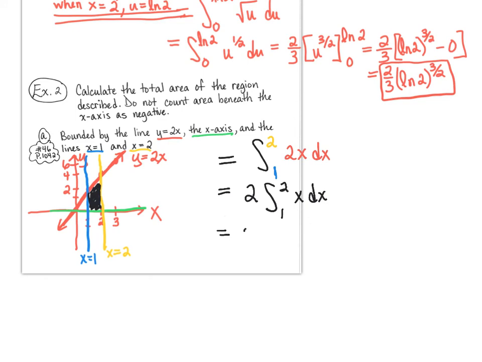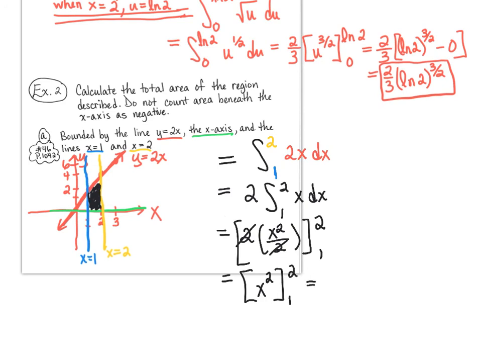We get 2 times x squared over 2, evaluated from 1 to 2. Your 2's cancel, and so that gives you x squared, evaluated from 1 to 2. Or in other words, you get 2 squared minus 1 squared, which is 4 minus 1, which is 3. So this area that's bounded by the line y equals 2x, x equals 1, and x equals 2 is 3. That's your final answer.